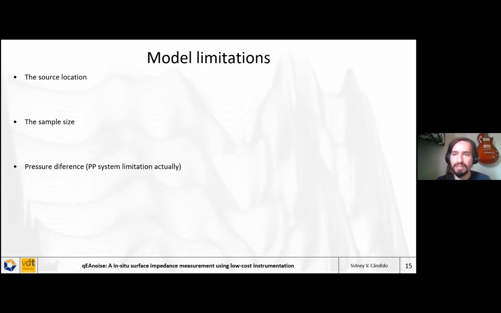You also have the sample size, because the model considers an infinite sample. The porous absorber is infinite in the model, which is not real at all. And you have this limitation of the PP system, that is the pressure difference.